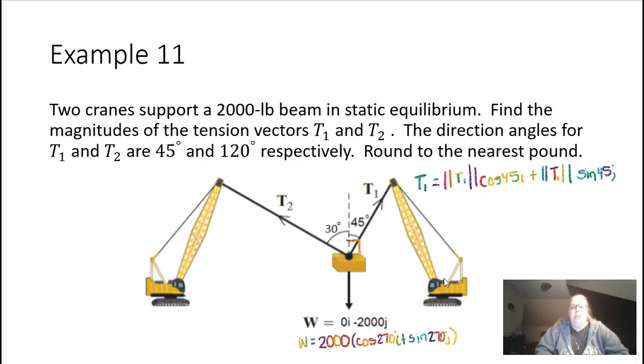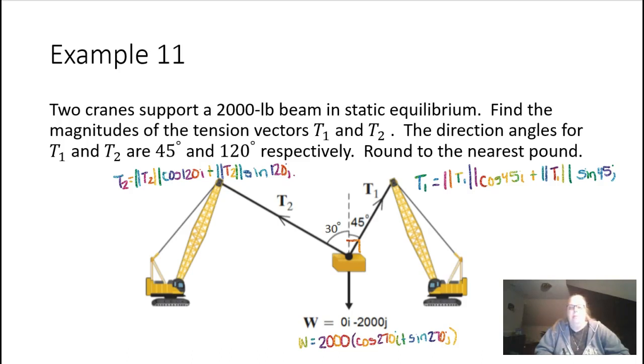And T2 is going to be equal to the magnitude of T2, whatever it ends up being, times the cosine of 120 degrees times i, plus the magnitude of T2 times the sine of 120 degrees times j.